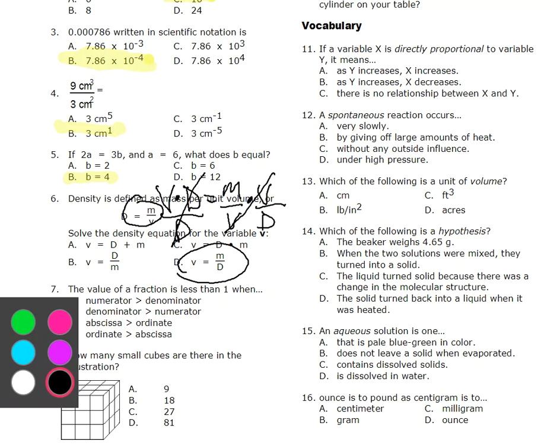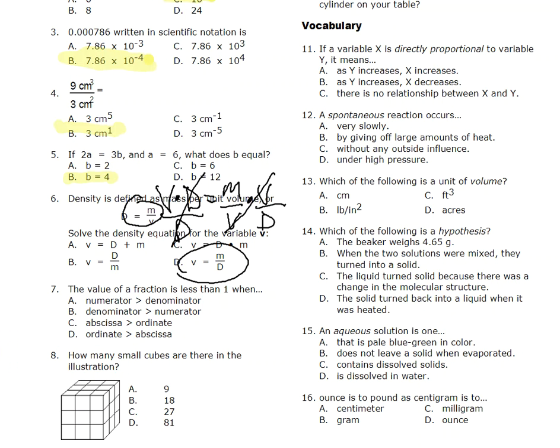Number 7, I believe I went over in class for most of you, but if the denominator is greater than the numerator, the number on the bottom is bigger than what's on the top, you're going to end up with a fraction that's less than 1.